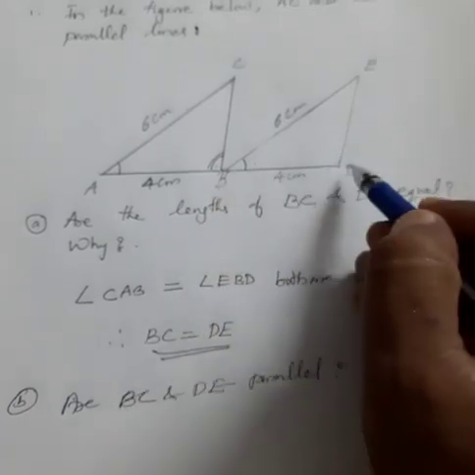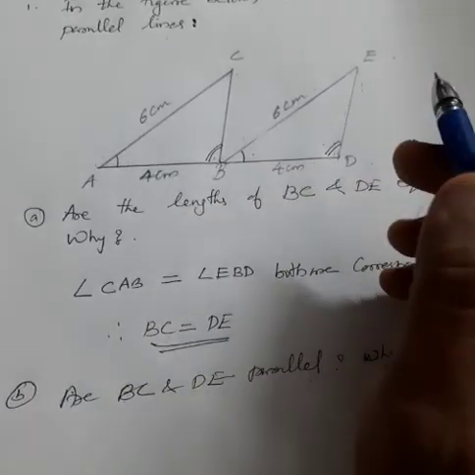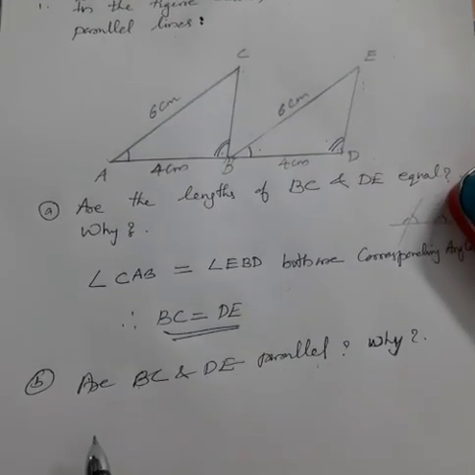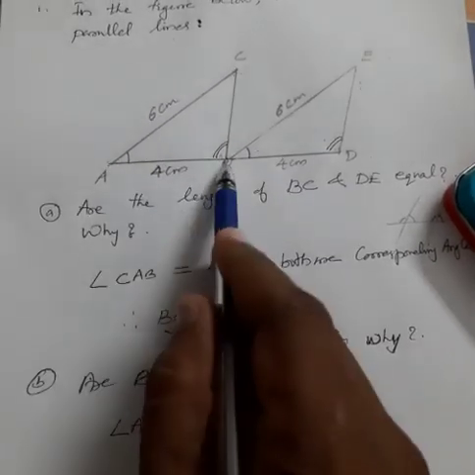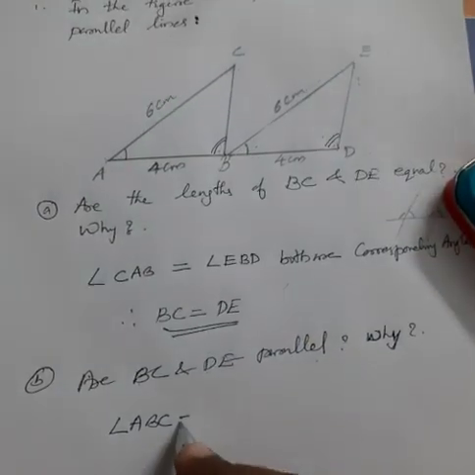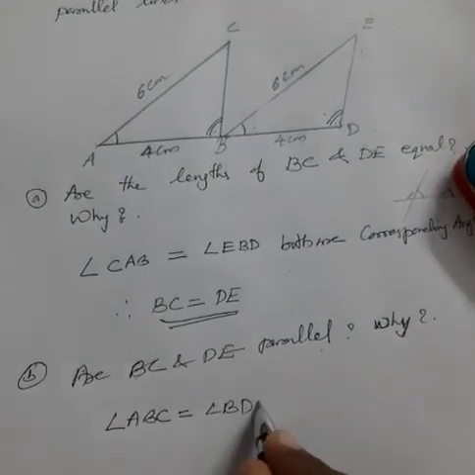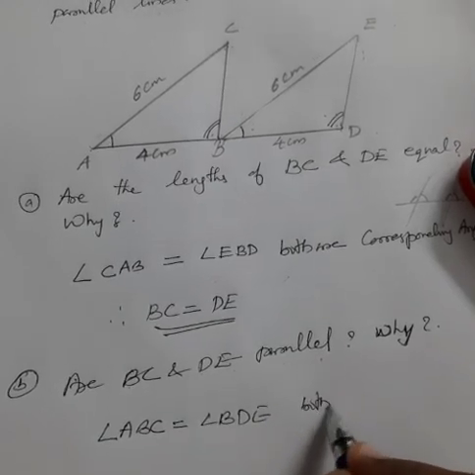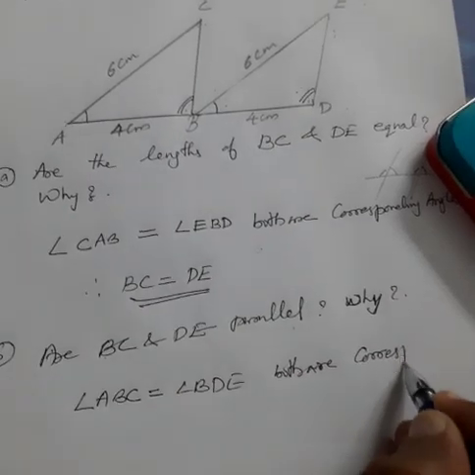The next one is BDE. These two are also equal. Angle ABC is equal to angle BDE. Both are corresponding angles.